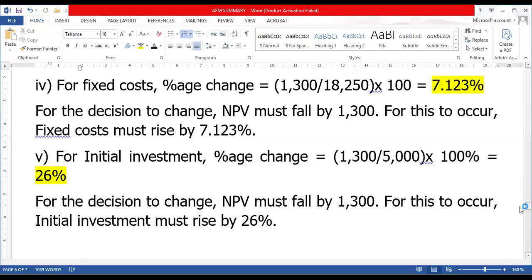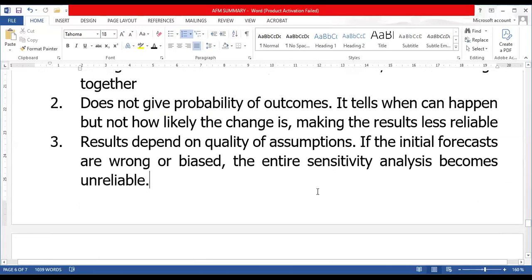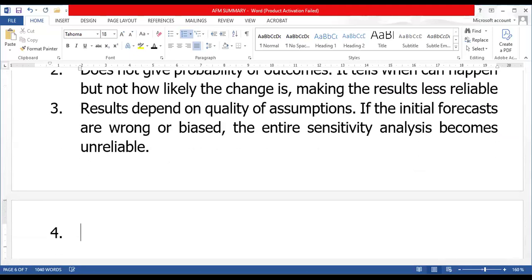So if it's wrong or biased, then everything will be wrong. Even as you forecast the costs and the inflows, if your assumptions are wrong, then automatically everything will be unreliable.